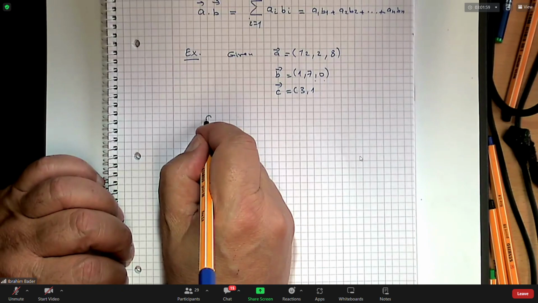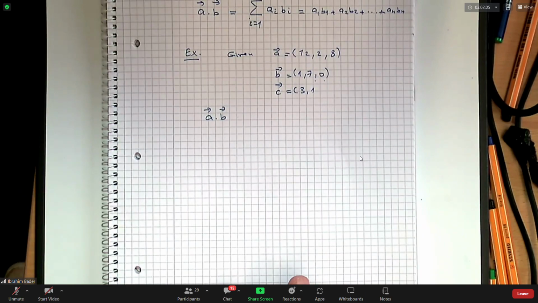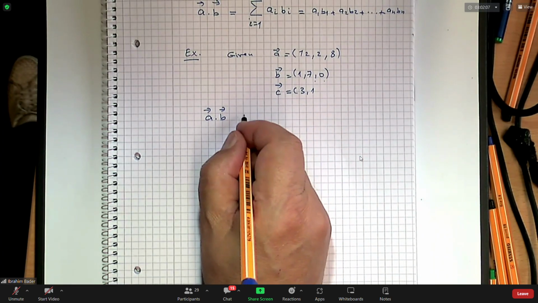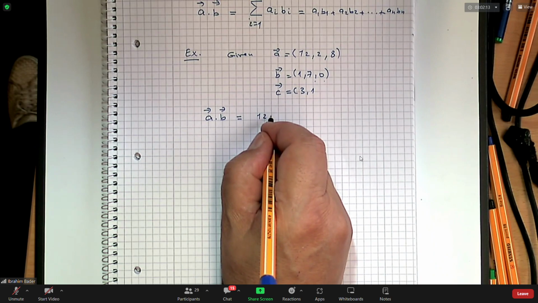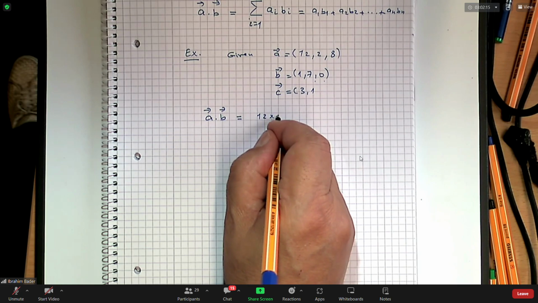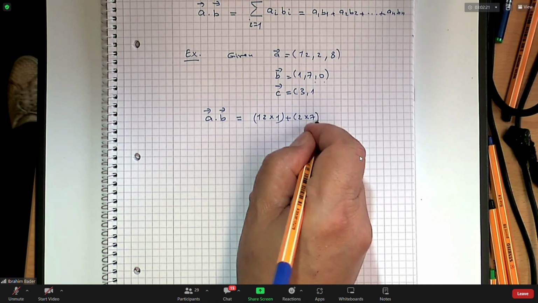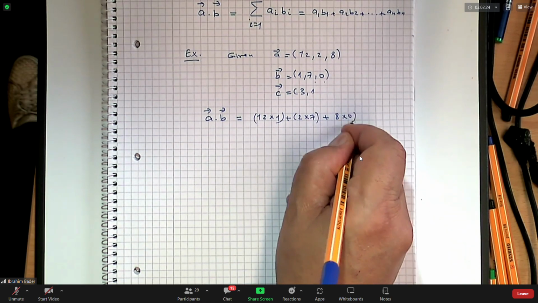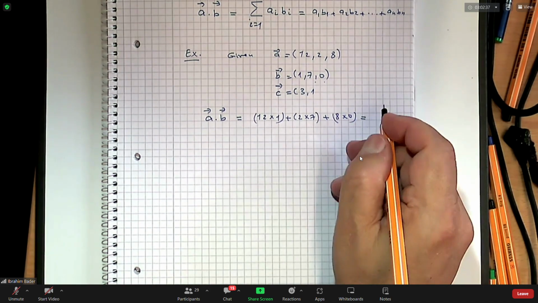Then A dot B, what is A dot B? 12, let me just put this time 1 plus 2 times 7 plus 8 times 0, right? And this is equal to 12 plus 14 is 36, right? No, 26.